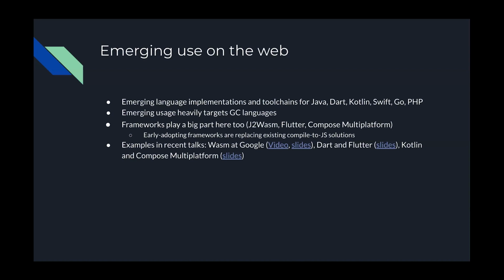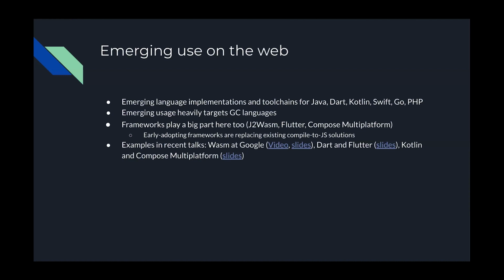And many of these early adopting compilers already had versions of their framework or compiler where they were compiling to JavaScript, and now they're replacing those with WebAssembly compilers and getting some good results. I've got some links in the slide to recent talks that we gave about different ways that Google is using WebAssembly on the web, and some results that they've had from that.